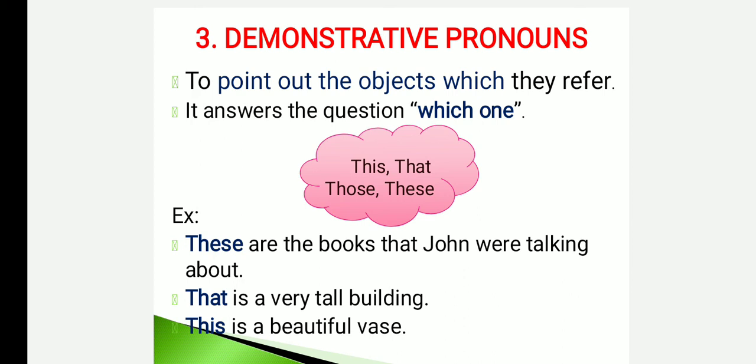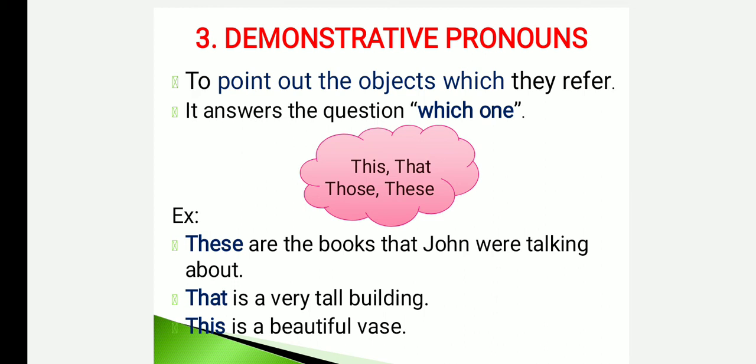This is used to refer to the thing which is near to the speaker and that to refer to the distant object. These and those, we use for a plural subject. These for the things which are near to us and those for the things which are far away from the speaker. And also, the demonstrative pronoun answers the question, which one do you want?